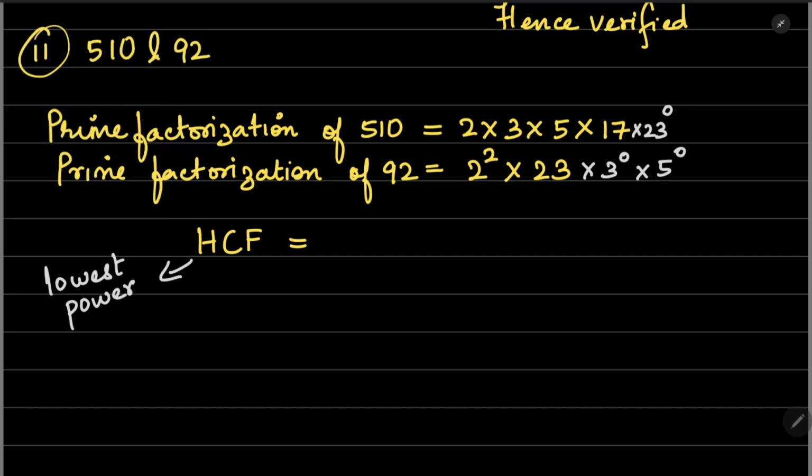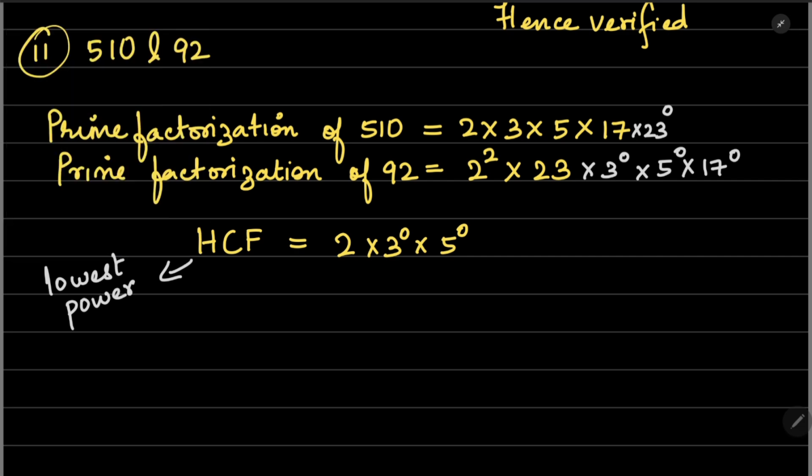Okay. So for 2, what is the lowest power? Again 2. For 3, what is the lowest power? 3 raised to the lowest power is 3 raised to the power 0. Okay. And for 5, 5 raised to the power 0. For 17, again, I think I missed 17. Okay. So 17 raised to the power 0.